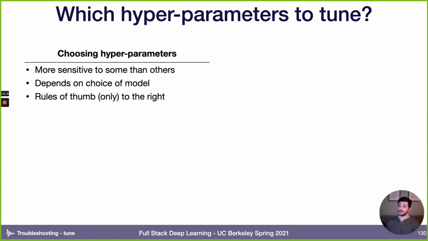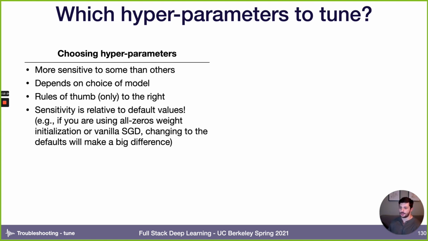The good news is that there are certain rules of thumb that, if you're working on a new problem, you can use to think about, okay, which hyperparameters should I try to tune first? And these are really only rules of thumb. In general, there's no substitute for building intuition for your problem about which hyperparameters your model seems to be sensitive to.